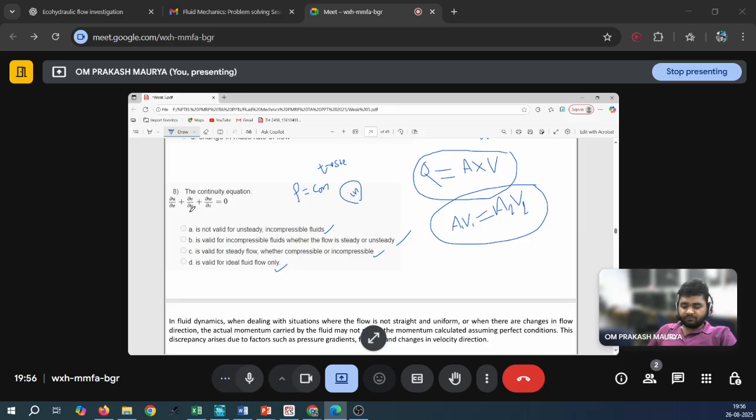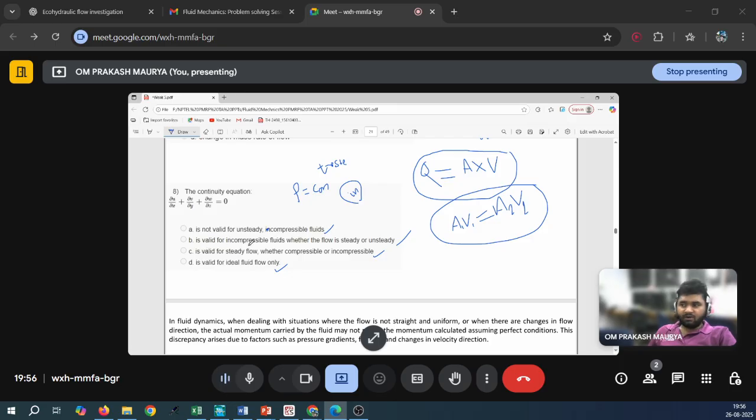No, because for unsteady we have a t term. So is it not valid for unsteady? Yes, correct. Incompressible fluid, no. If the option had said compressible only, then it would have been correct. So now let us move on to the next one.